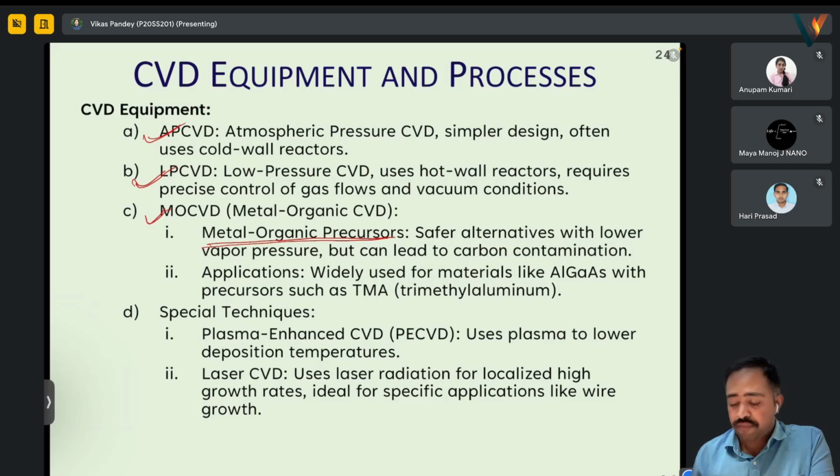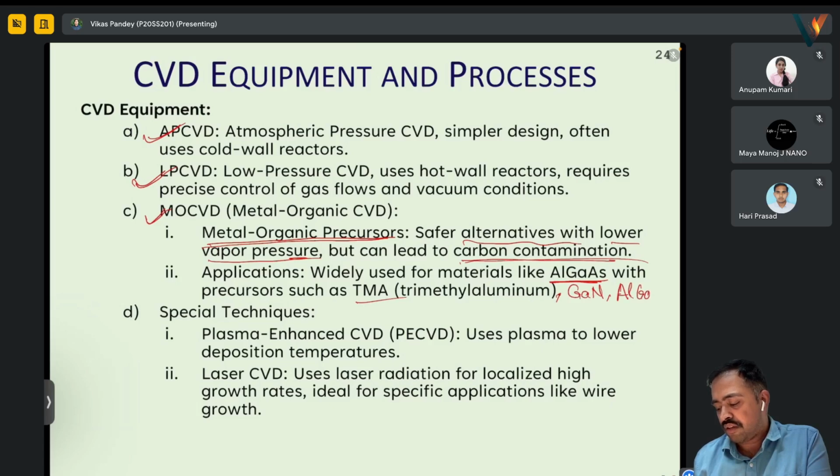They are a safer alternative with lower vapor pressure, but in this case, carbon contamination is a common problem. These are widely used in materials like aluminum gallium arsenide with precursors like trimethyl aluminum. It is also used in GaN and AlGaN. The common method is MOCVD.